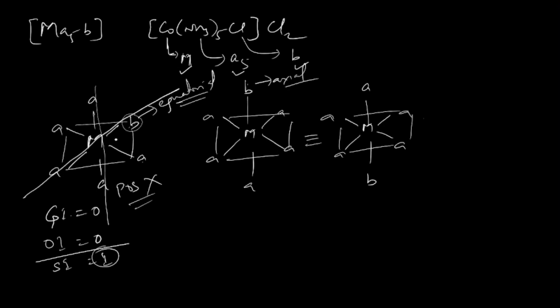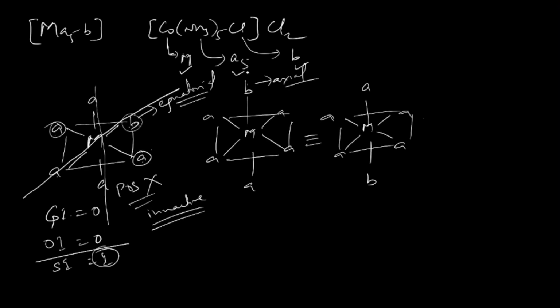Suppose we are putting the mirror like this, B and this A along with the A and B. Okay, if we are putting the mirror like this, A is reflecting to this A, correct? So what I said in the previous slide, that if any one symmetry element is there, then the molecule will be optically inactive, correct? So in this case, this A is reflecting to this A. So here this is optically inactive, right?